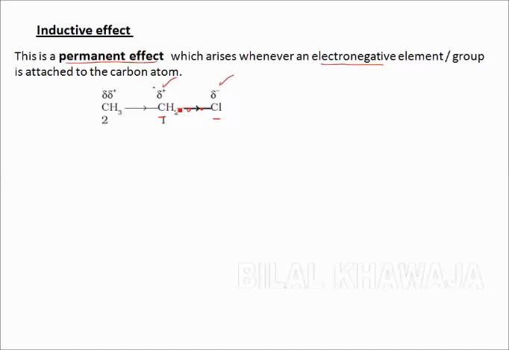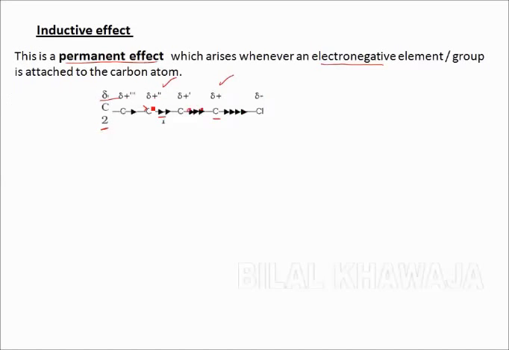One more point: this inductive effect, which is a permanent effect, can move along the whole carbon chain. Suppose you have a second carbon here, carbon number 2. These electrons will also be pulled, but carbon number 2 gets a very, very small positive charge, not as significant as carbon number 1.